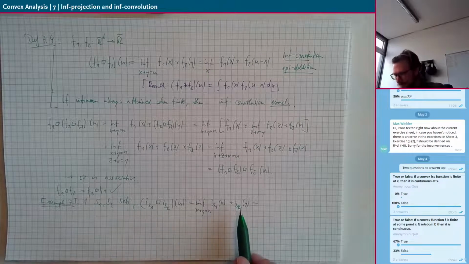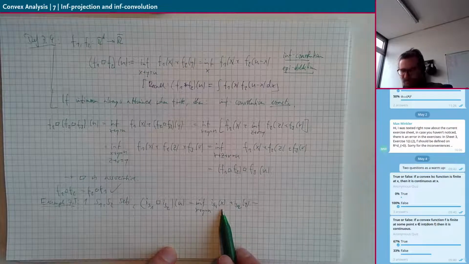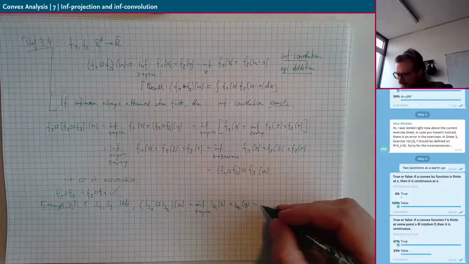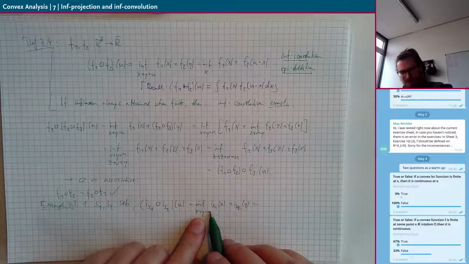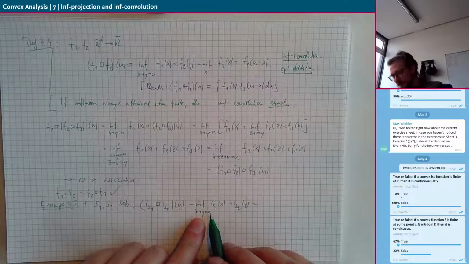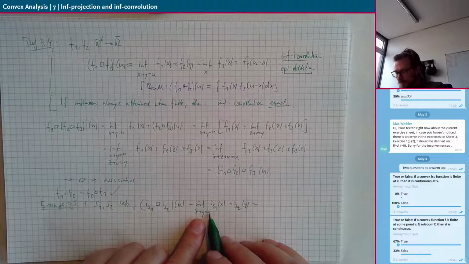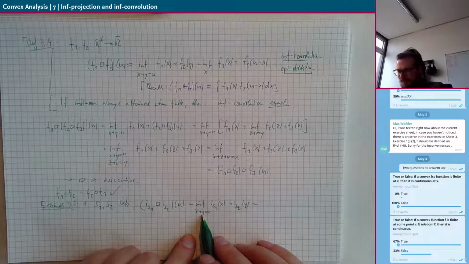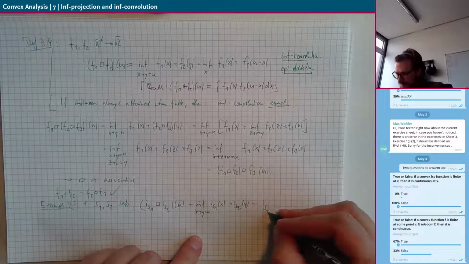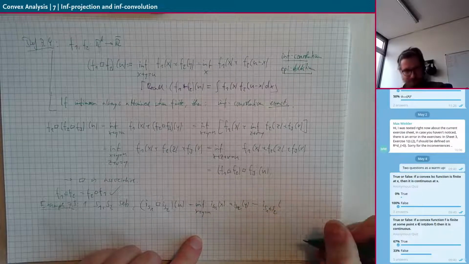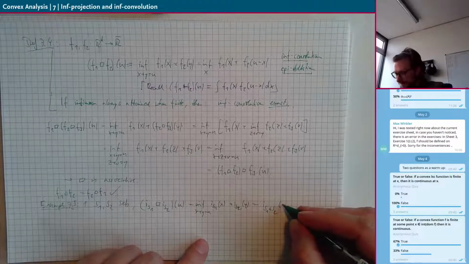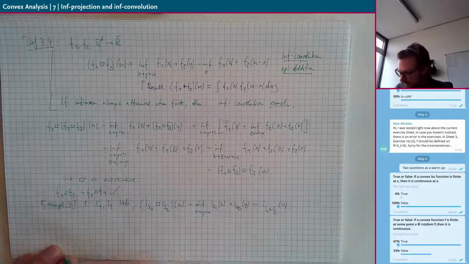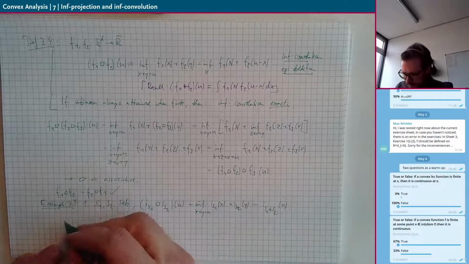That's finite exactly when both of these are finite, so if x is in S1 and y is in S2. It's not only finite, it's 0 if and only if u is of the form one element of S1 plus another element of S2. So this is exactly the indicator function of the sum of the sets. Okay, that's simple, and we don't even use convexity here.